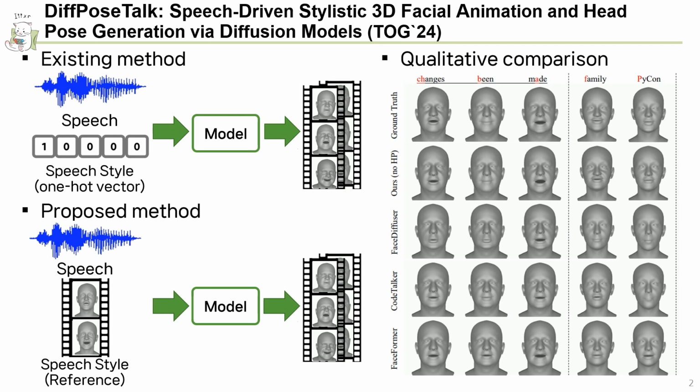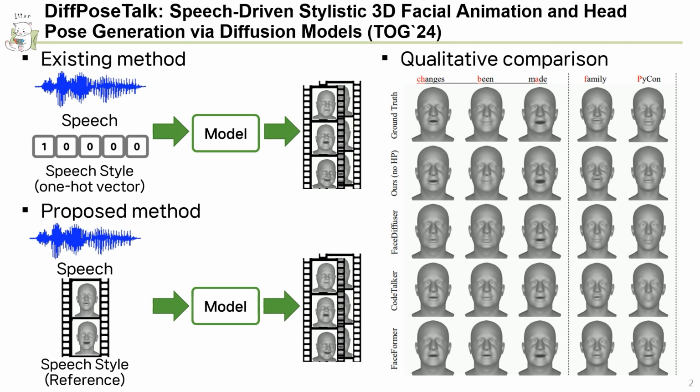Second, a diffusion model that enables probabilistic sampling, producing more natural and valid facial motions compared to deterministic models. And third, head pose prediction, which allows the model to generate not just facial expressions, but also natural head movements, leading to more realistic and engaging animations.